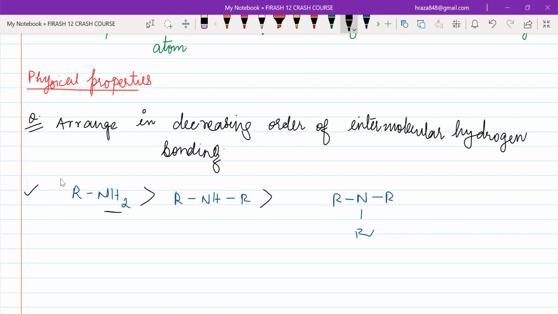So due to hydrogen bonding, boiling point also increases, right? Yeah.